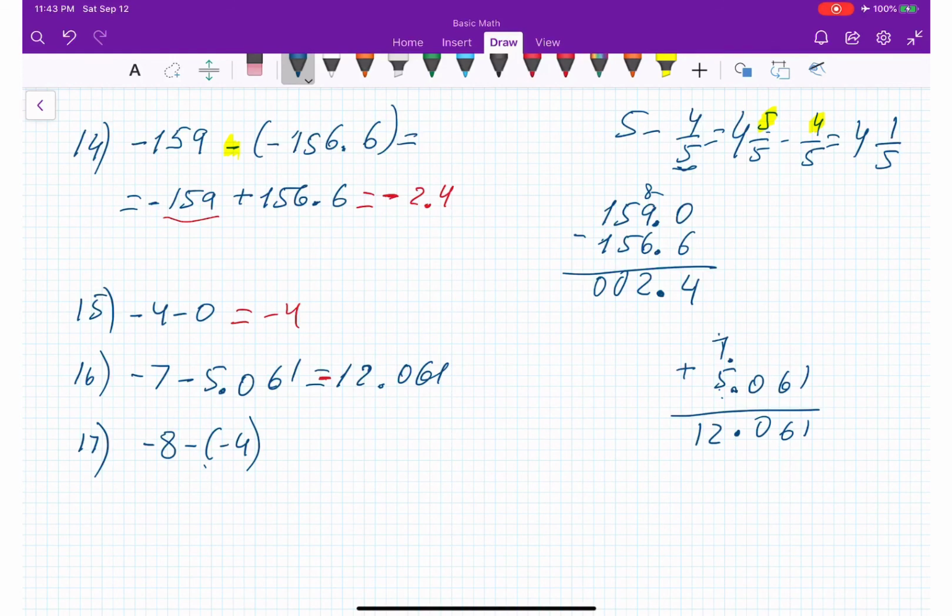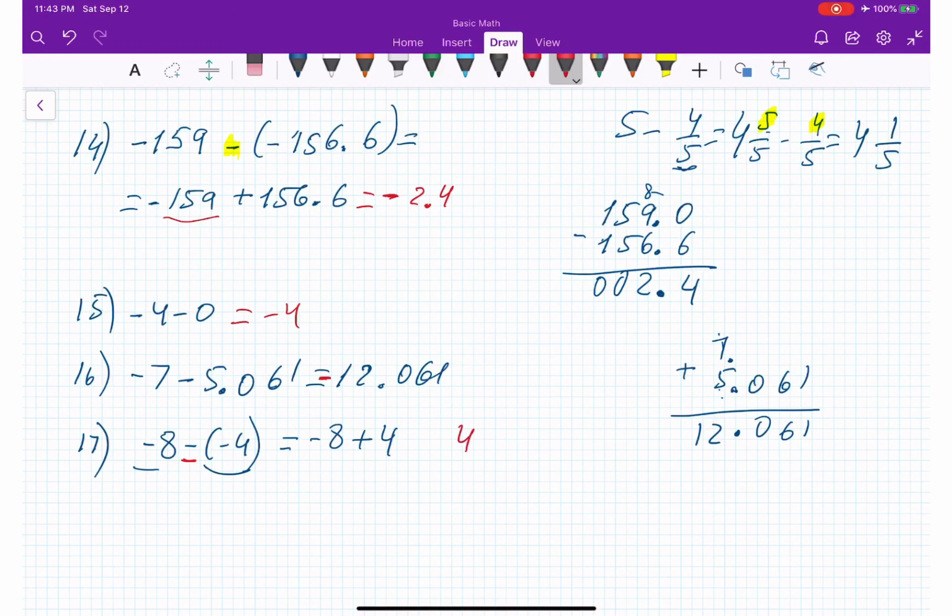Subtract negative 4 from negative 8. So negative 8 minus negative 4. So here we get negative 8 plus 4, right? Because of this negative sign here, negative 4 becomes positive 4.